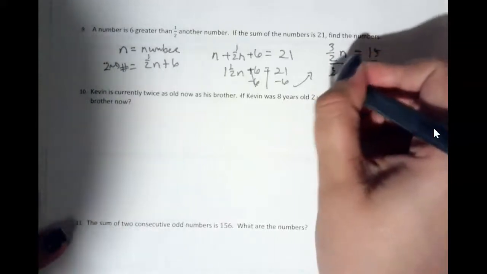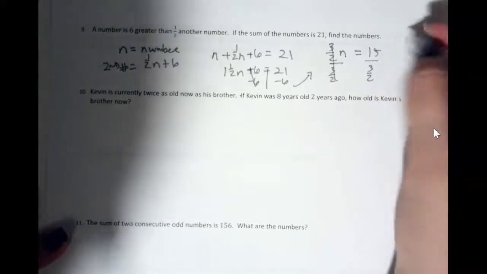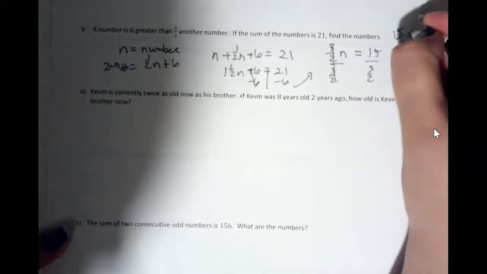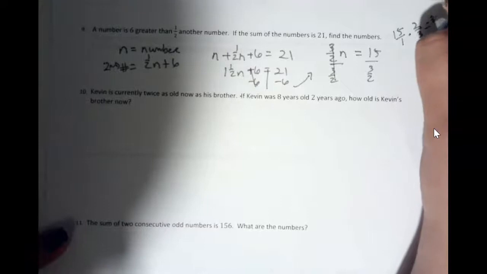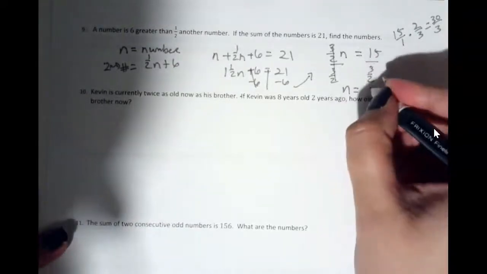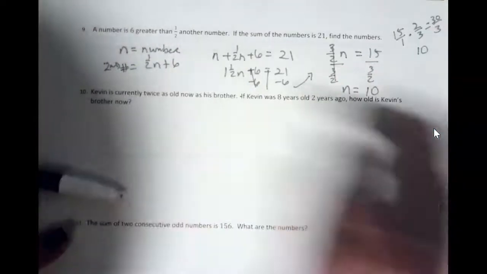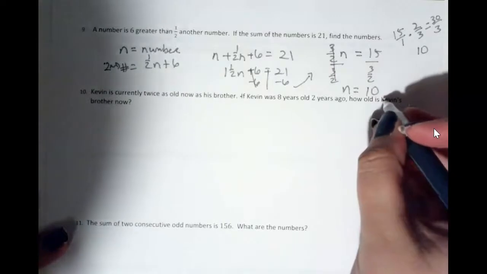Divide each side by 3/2, which is actually multiplying by the reciprocal, so 30/3, meaning n would be 10. 30 divided by 3 is 10. So that's the first number.